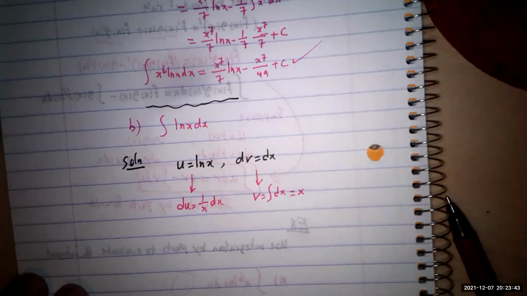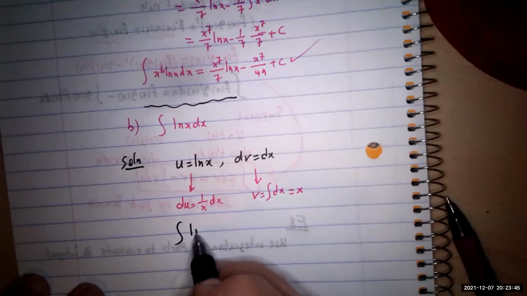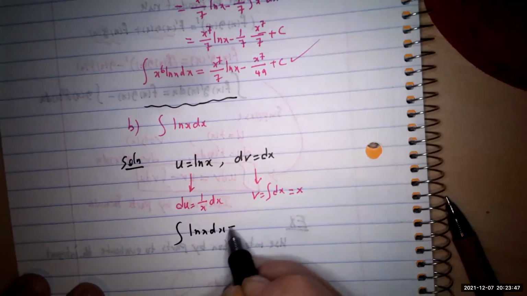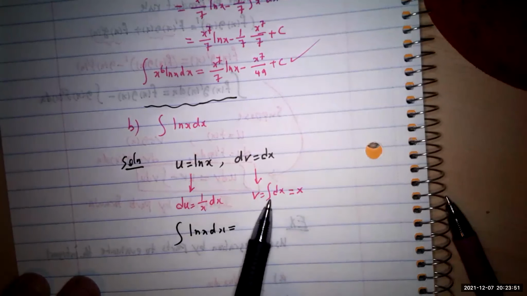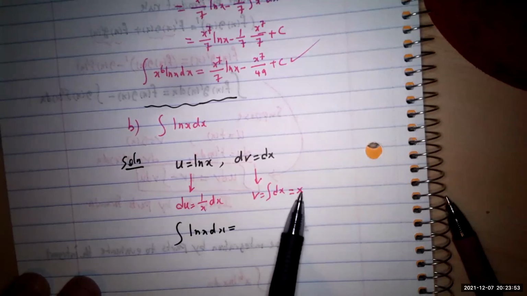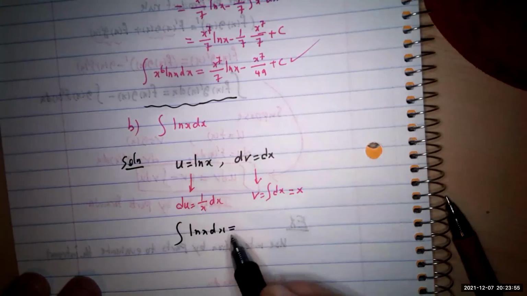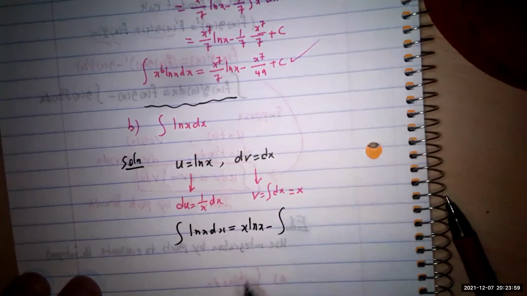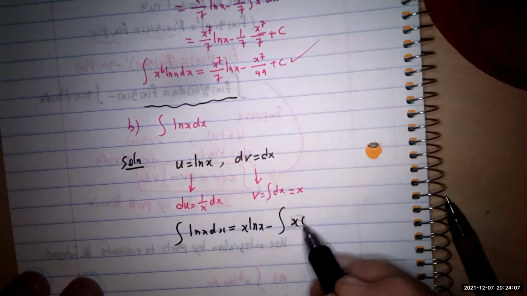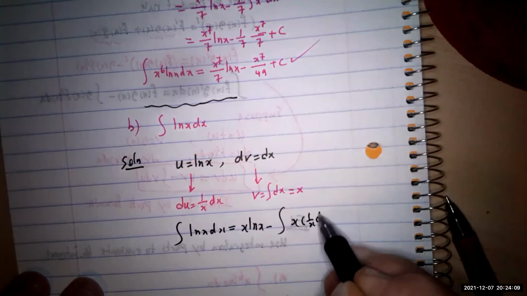So the formula: the integral of ln x dx is equal to uv, which would be x times ln x, minus the integral of v du. V is x, du is 1 over x dx.